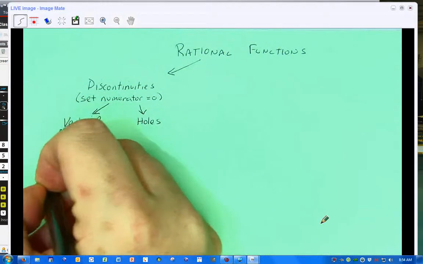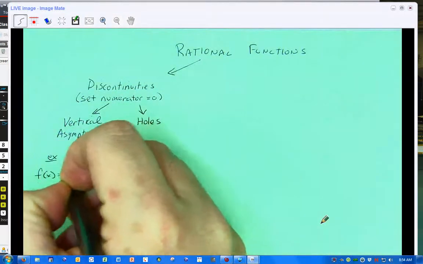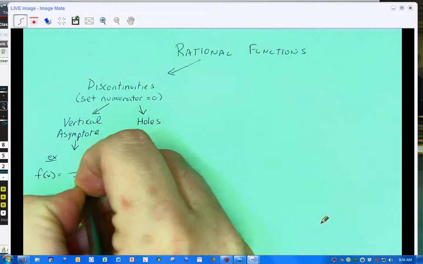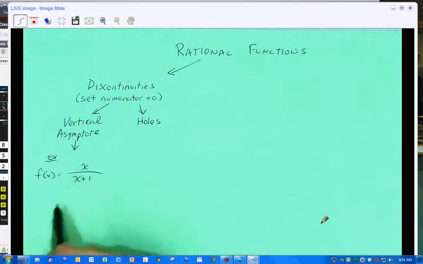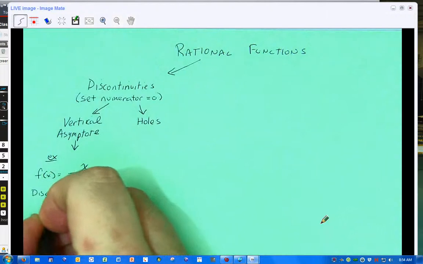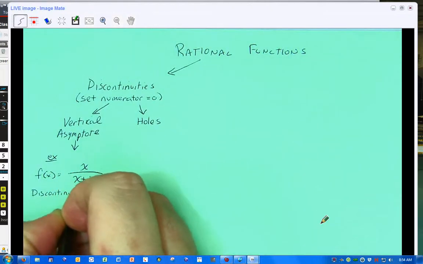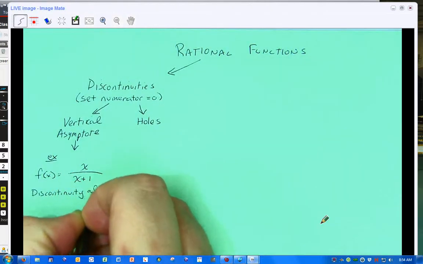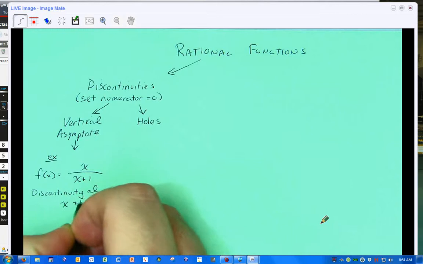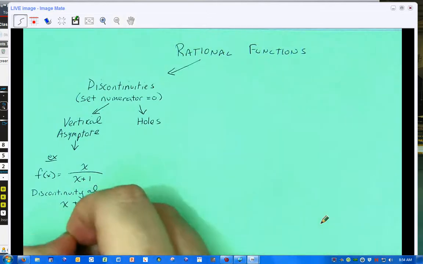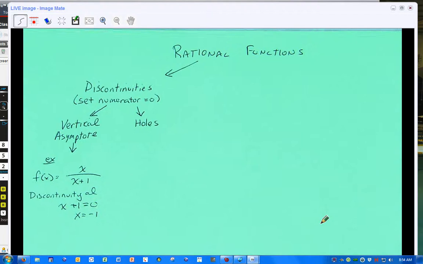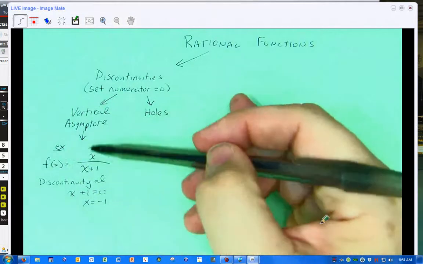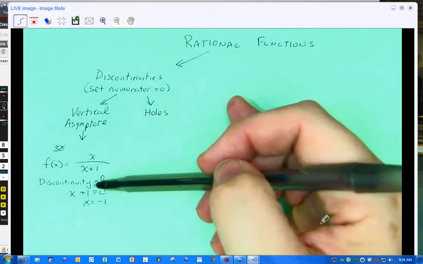Now, for example, if you have f of x is equal to x over x plus 1, you're going to have a discontinuity at x plus 1 equal to 0, which means x equals negative 1. If we look at this, there's nothing to divide out. There's nothing we can do.